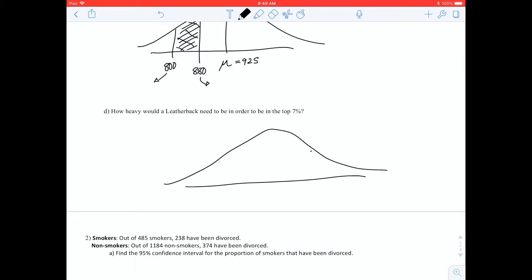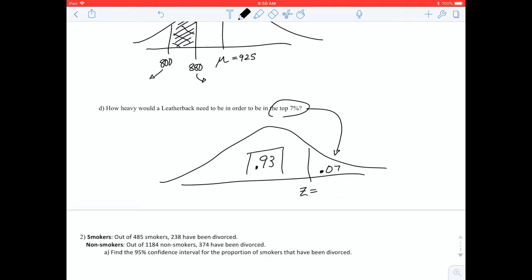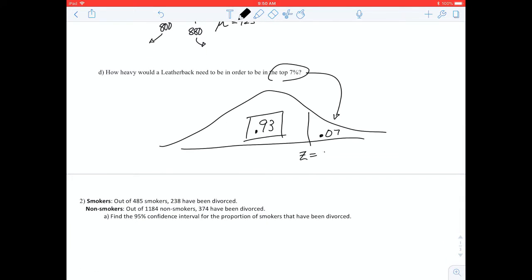In order to be in the top 7% is basically saying there's a z-score right here, which I don't know. This is the top 7%, which means that this side is 93%. And then you look in table A2, not at the side, but in the middle of the table until you find whatever's closest to 0.93.